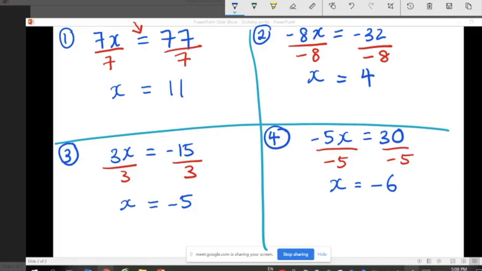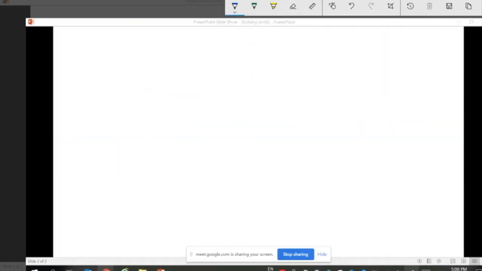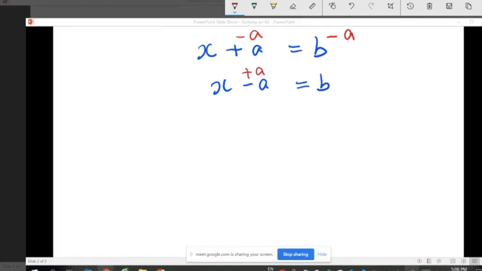Okay, let's recap what you have learned so far for solving equations. Last lesson, you have learned that to solve equations of the form x plus a equals b, or x minus a equals b, we need to either subtract a on both sides of the equation or add a on both sides of the equation.